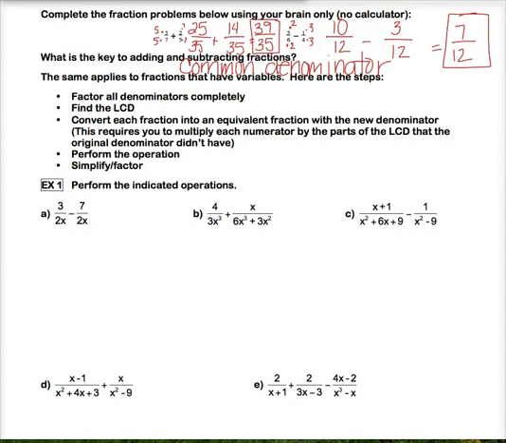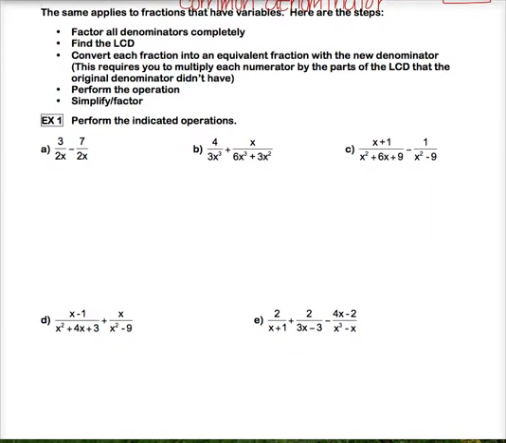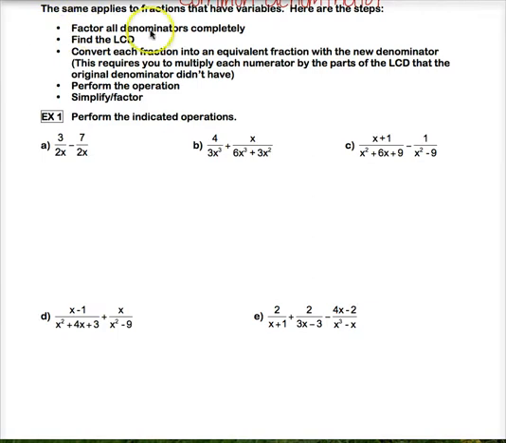So here are the steps we're going to be going through. First, just like in the last lesson, you have to factor all the denominators completely. You can factor numerators if they factor, but you don't have to. But you do have to factor all the denominators as far as they will go. Then we're going to find the LCD. Now, when we're talking about variables, we have to think back to what the LCD actually means.